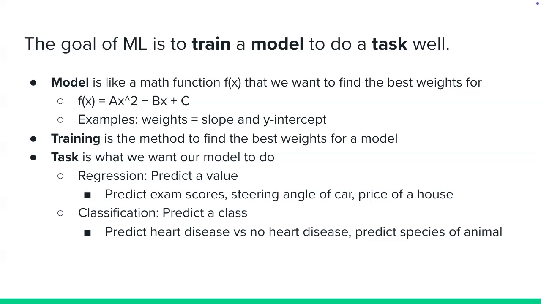That is 2 classes. Another example is predicting the species of an animal. We have a picture of an animal, and we want to know what type of animal it is. Is it a cat? Is it a dog? Is it an elephant? So we want to choose one class from 10 classes, for example.